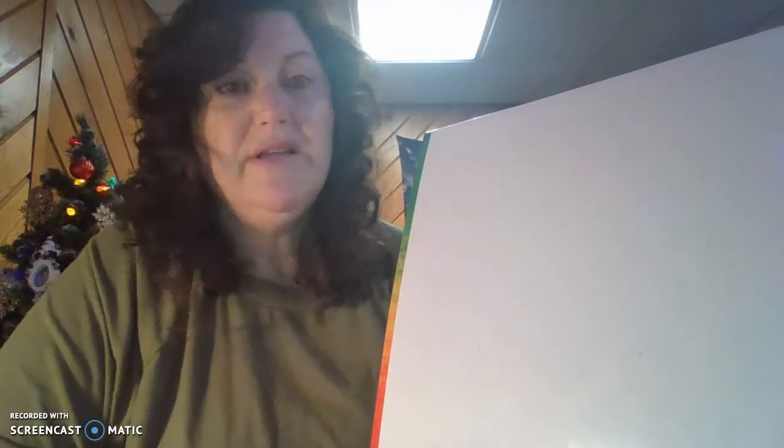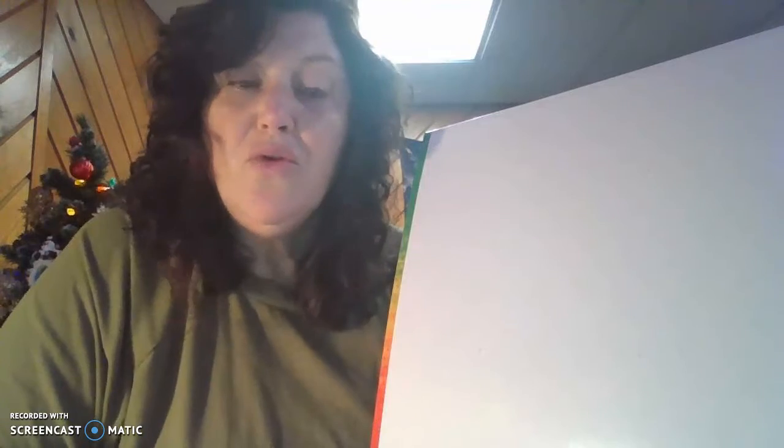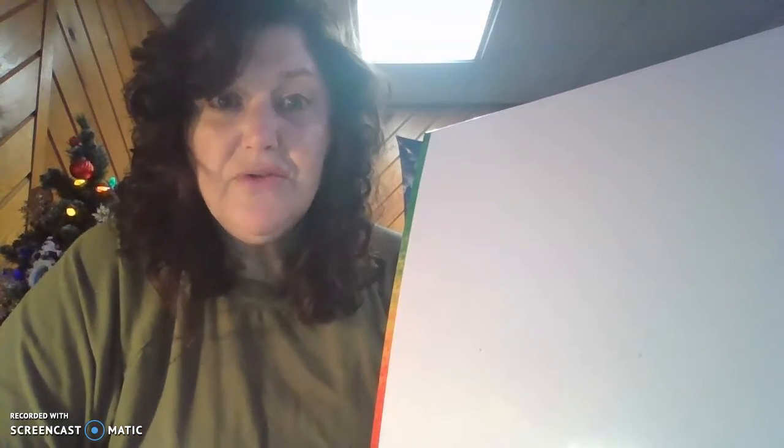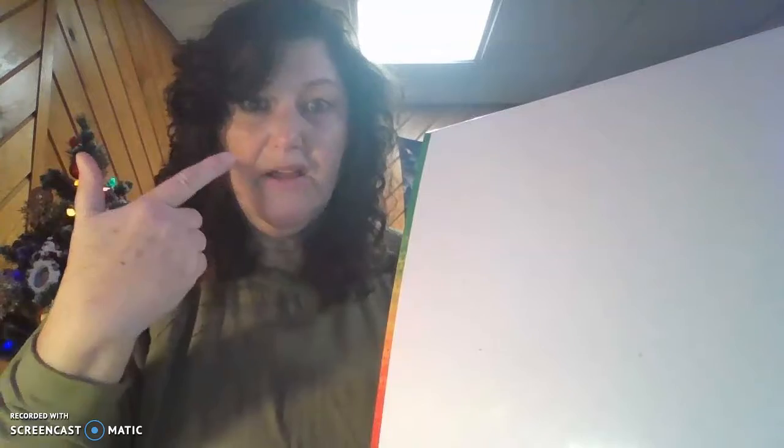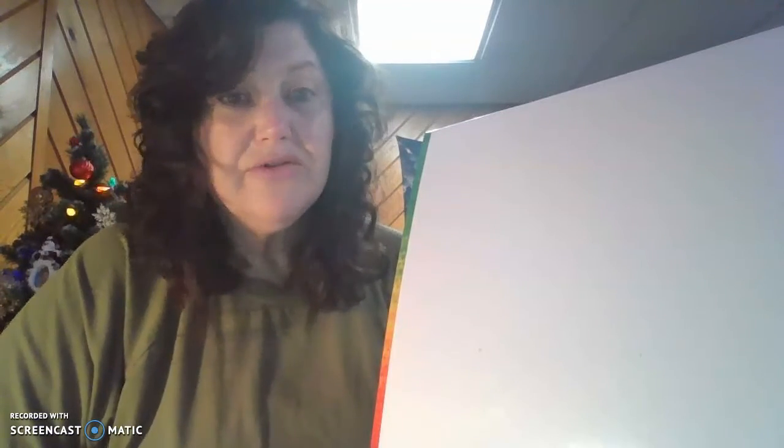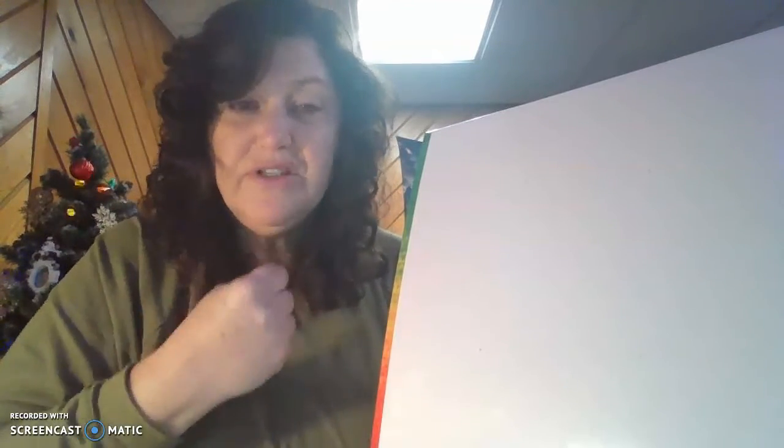So remember, my friends, your job as you're reading today, and I hope you're reading at least 15 or 20 minutes every day, that you are attacking those words that you don't know and using those strategies. Thinking to yourself, what kind of patterns do I see in that word? Looking for those different syllable types, because that's how good readers sound out words that they don't know.